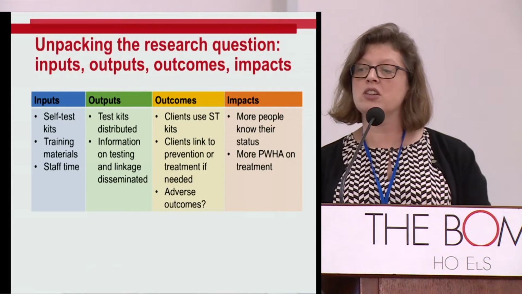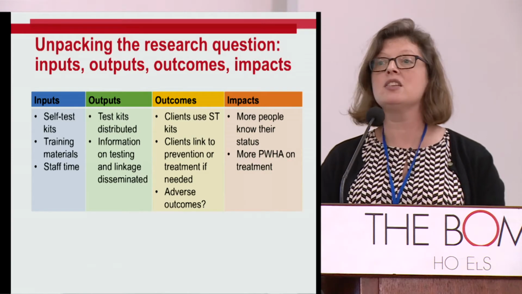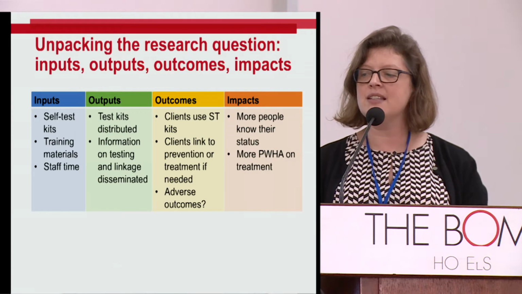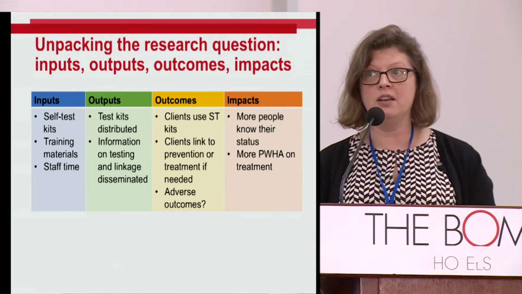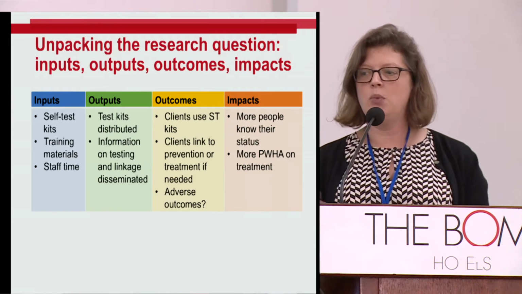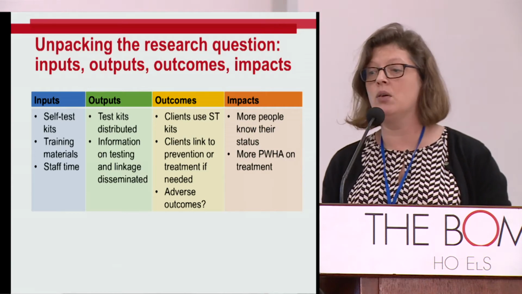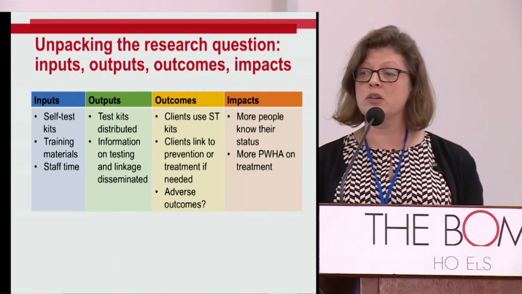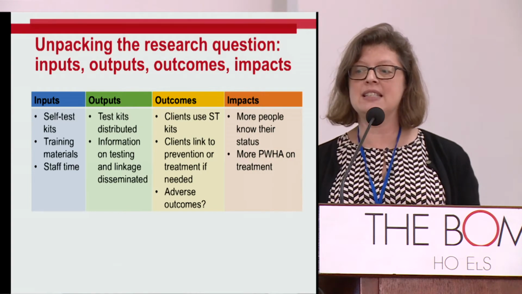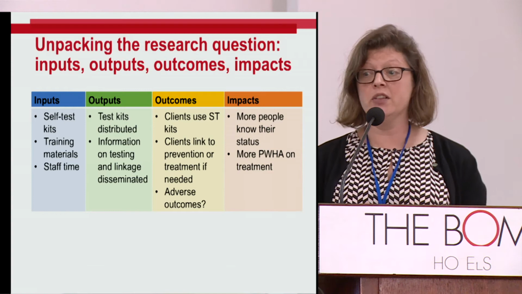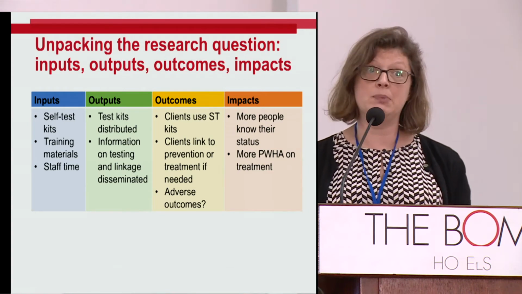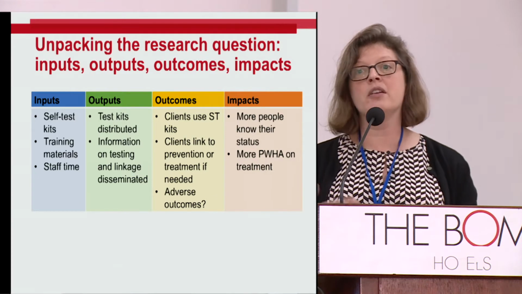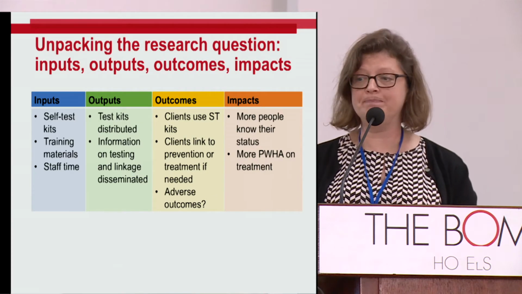And in order to answer our research question, which is our impact, whether or not more people know their HIV status after introducing self-tests, and whether or not more people with HIV and AIDS are on treatment, we have to know inputs, outputs, and outcomes. So how many self-test kits are being procured, how many are being distributed, how many clients are using these kits, what sort of training materials are being provided, what sort of information is being provided to the community members about self-testing, and whether or not clients are linking to prevention or treatment.